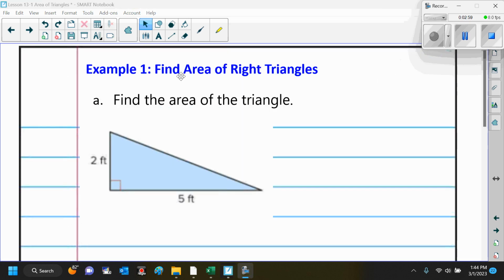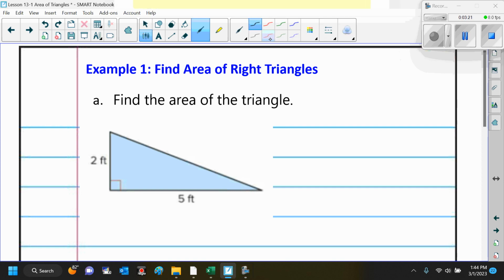All right, for example 1, we want to find the area of right triangles. Now, again, we already know our formula, so we don't need to do any finagling. We just need to write our formula, substitute what we know, and then simplify to find our answer.